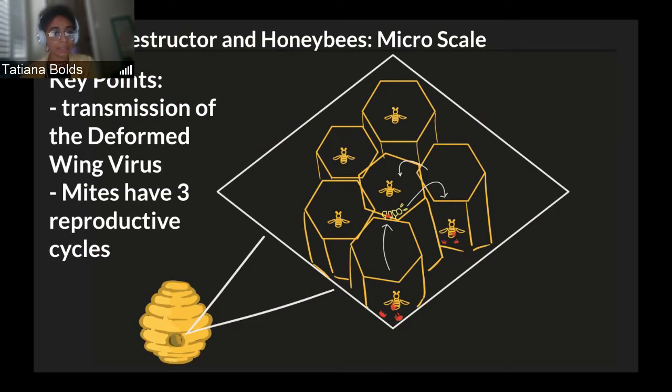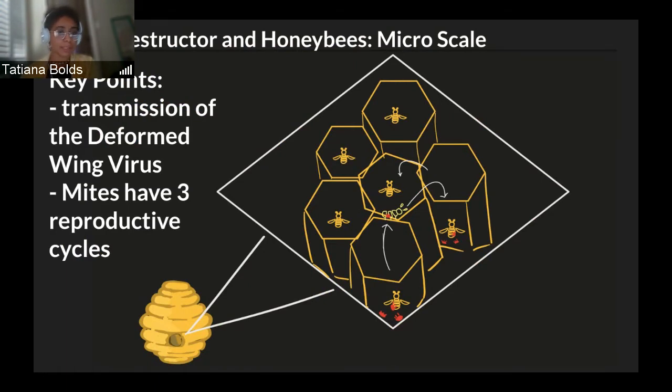The disease that we will be focusing on for our project is the deformed wing virus, which wrinkles up the bee's wing and limits its ability to fly. Once the larva fully develops, the capped cell becomes uncapped and the larva leaves the cell. With that larva, the mites also leave the cell and will attach to a worker bee that brings nectar to a new larvae. Then that cycle will continue where they enter the capped cell and reproduce more, and that results in exponential growth of the mite population.